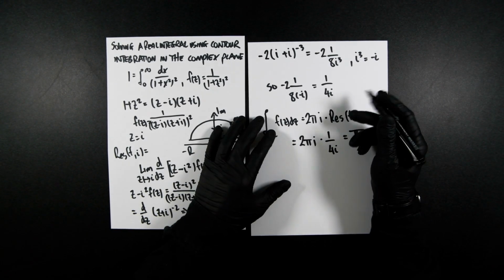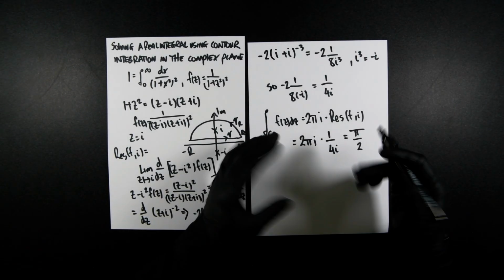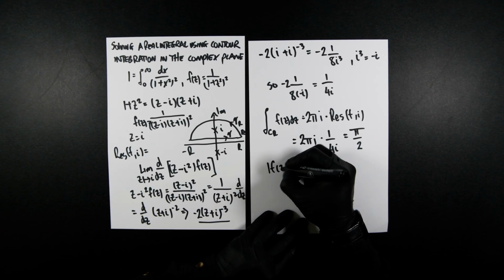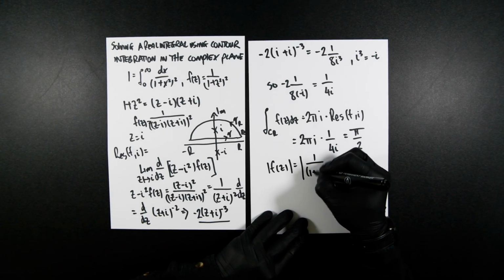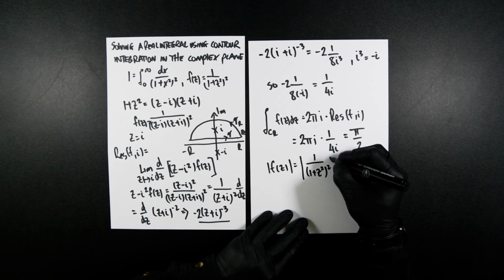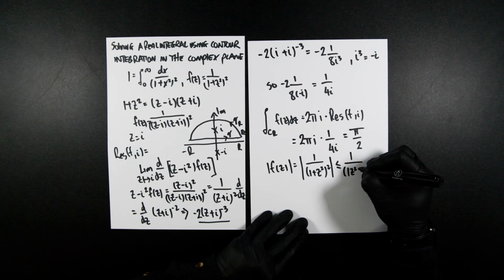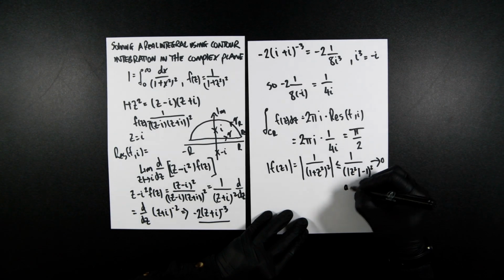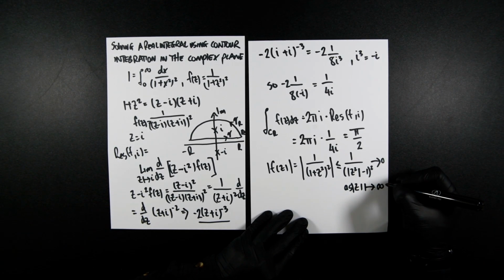We now show that the semicircle arc vanishes as R goes to infinity. This is just a little quick proof. The magnitude of f of z is going to be the magnitude of 1 over (1 plus z squared) squared, which is going to be less than or equal to 1 over (the magnitude of z squared minus 1) squared, because it goes to 0 as the magnitude of z goes to infinity.